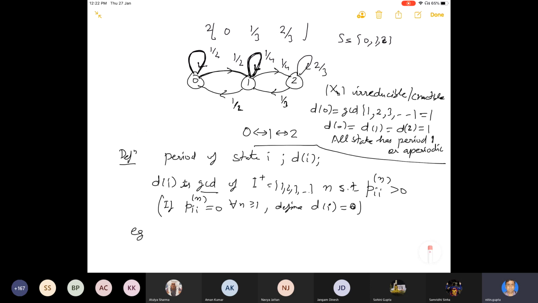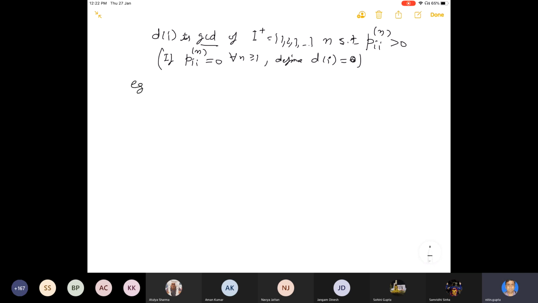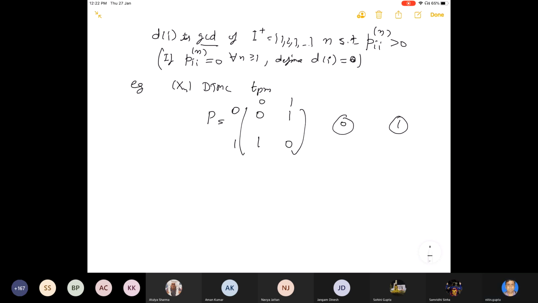Now let us take another example where the period is 2. Let Xn be a discrete time Markov chain having the TPM [0, 1; 1, 0]. The states are 0 and 1. Excuse me, sir, can you give an example of the second part when Pii is equal to 0? Yeah, I'm giving that, just wait.